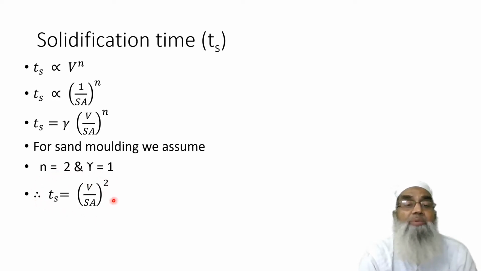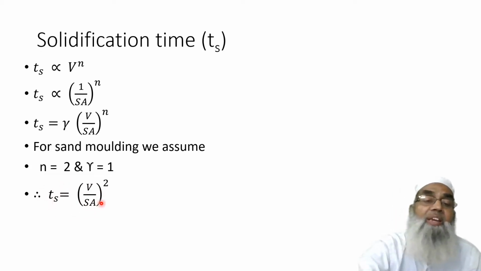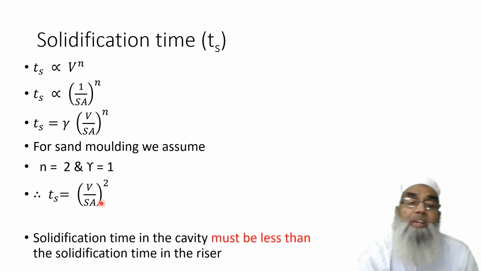Therefore we can calculate, if the volume and surface area are known for the casting or the riser, the solidification time in the riser as well as in the cavity. But one thing very important: the solidification time in the cavity must be less than the solidification time in the riser.